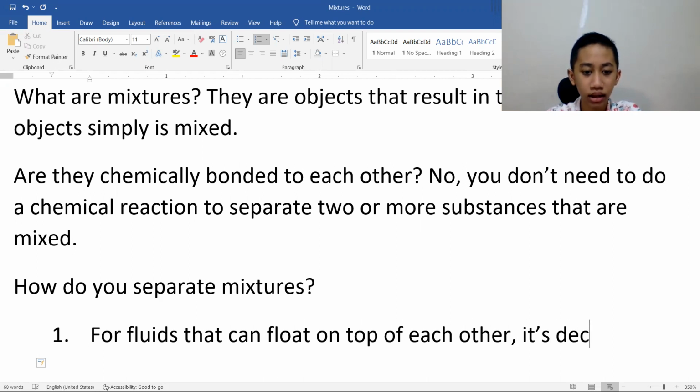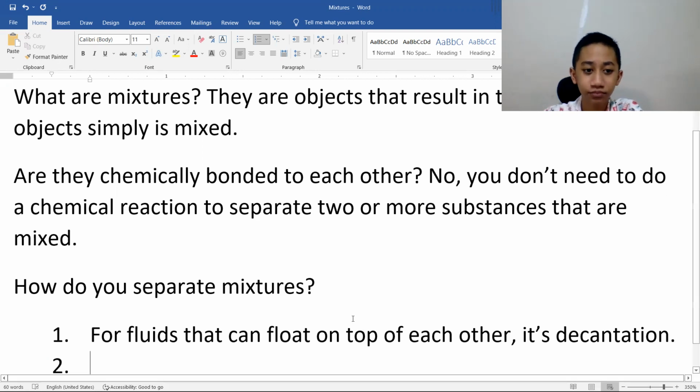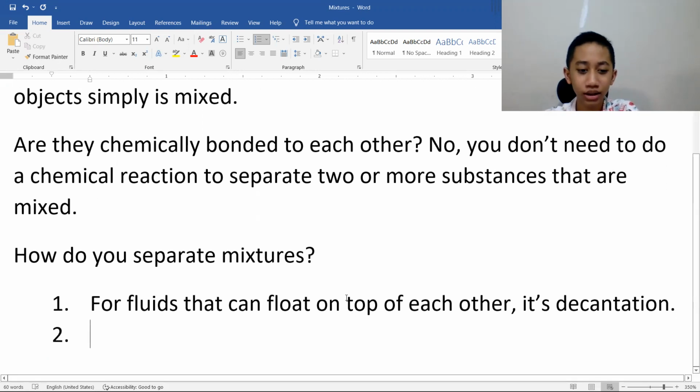It's decantation. And yes, you can do this with alloys. You simply melt them. I think for fuels it's easier, I guess. It's carbon after all. So then next one, that's for fluids.